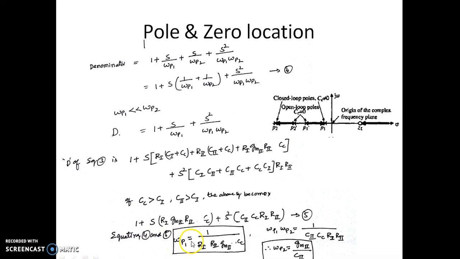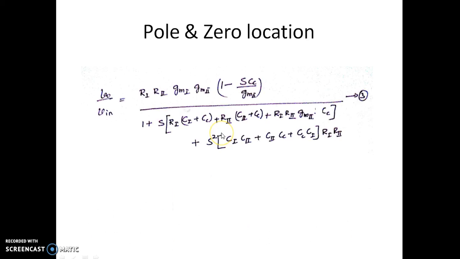So this is the expression for omega P1, obtained from the quotient of S, equating this denominator and this denominator. We know that omega P1 can be represented by this, and the quotient of S square is actually 1 over omega P1 into 1 over omega P2.